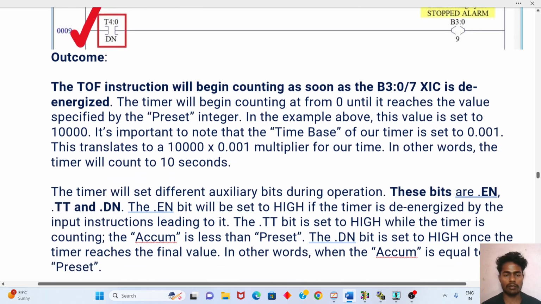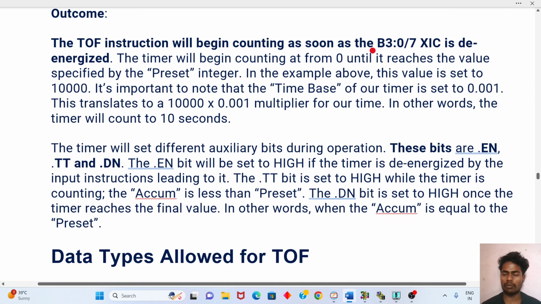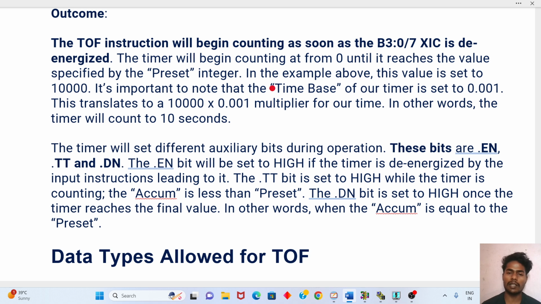The TOF instruction will begin counting as soon as B3:0/0 is de-energized. The timer will begin counting from 0 until it reaches the value specified by the preset integer. In the example above, this value is set to 10,000.